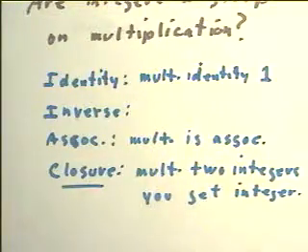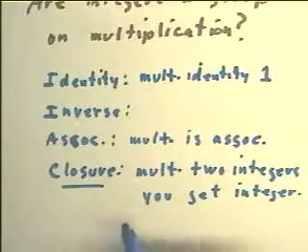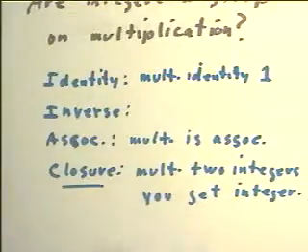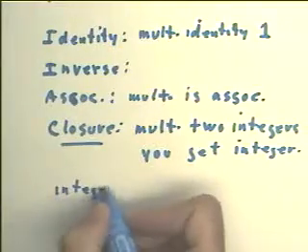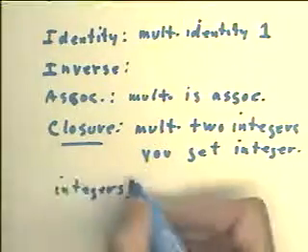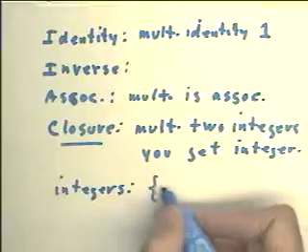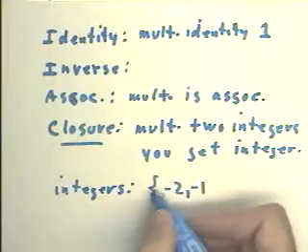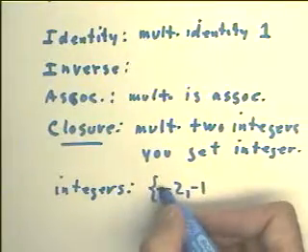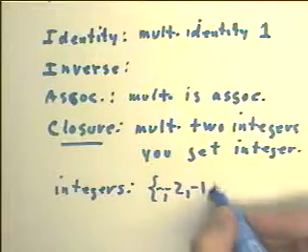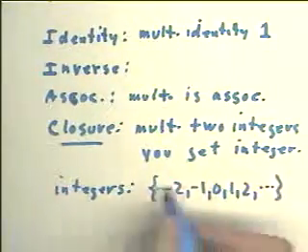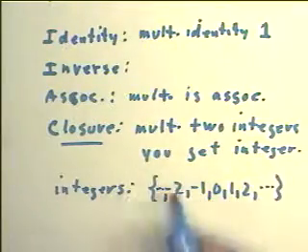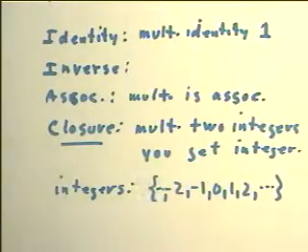Okay, now the integers, of course, consist of all the whole numbers and 0 and the negatives. So the set of integers consists of ..., -2, -1, 0, 1, 2, ..., where the dots on either end indicate that this set just goes on forever in both directions.